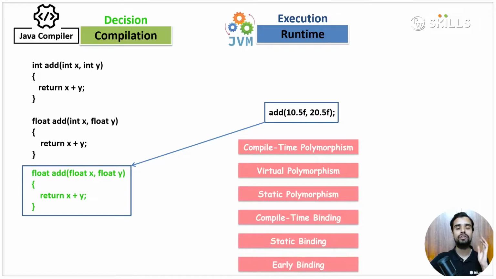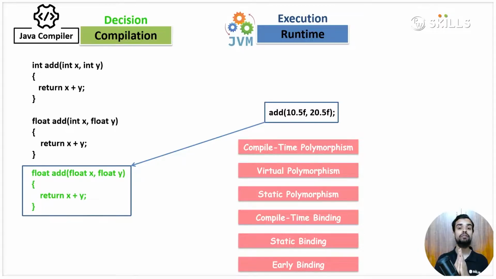It is also referred to as virtual polymorphism. It is also referred to as static polymorphism. Why is it called static polymorphism, sir? Because the decision that was taken by the Java compiler at the time of compilation was fixed, and it is not going to dynamically change at the time of execution during runtime.